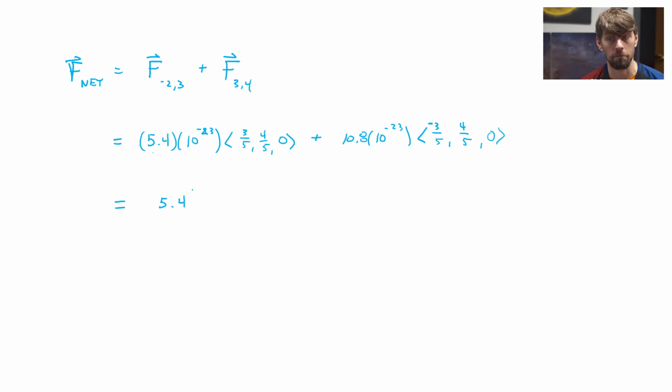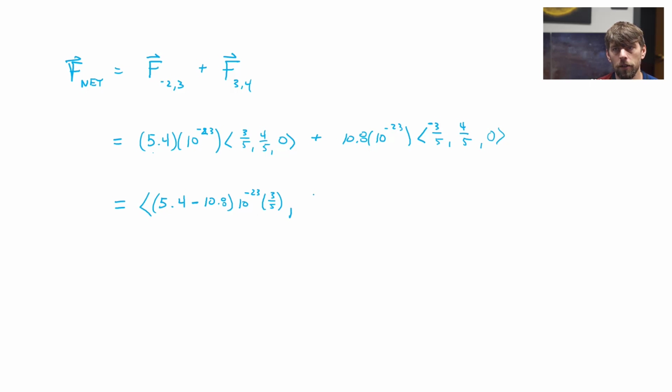I tend to forget them. So I get 5.4 minus the 10.8 times 10 to the negative 23rd times 3/5. And again, this is taking into account that those forces have different signs for the x components. So there's the x component of the net force.